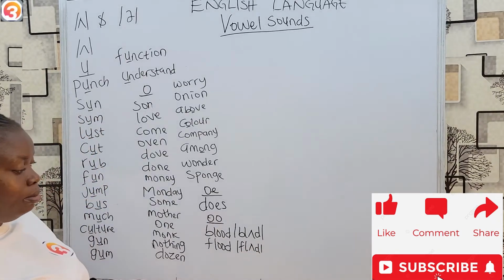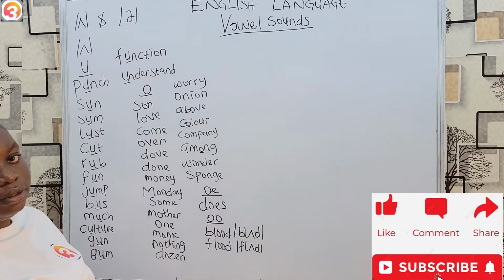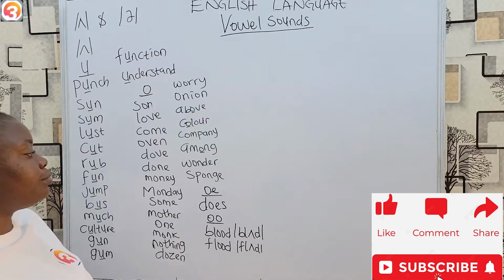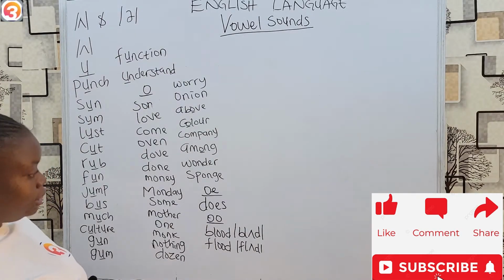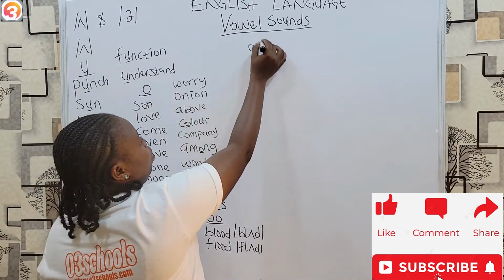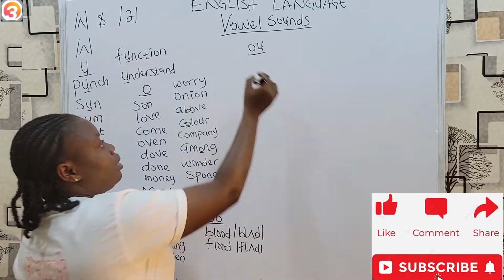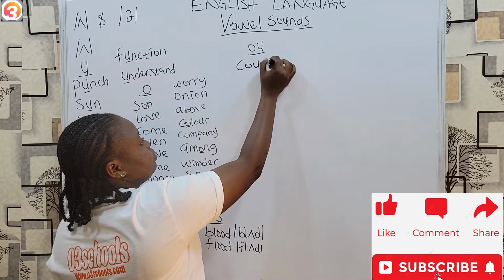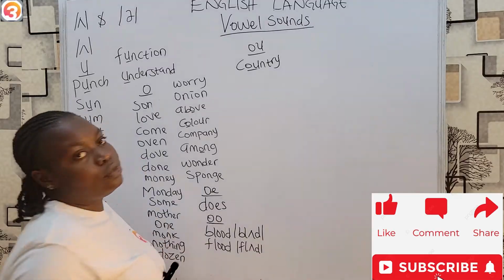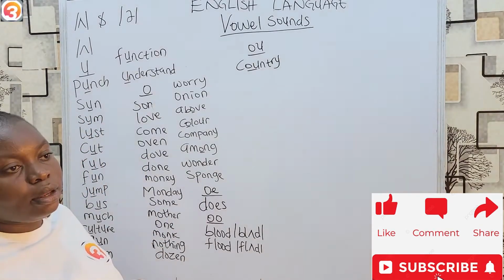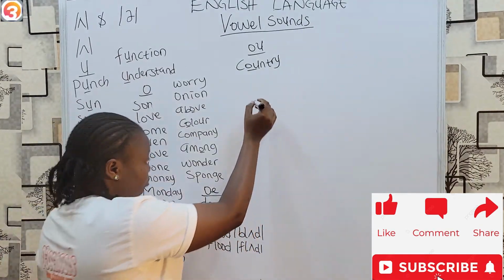You have it. Blood, flood, the sharp ah sound. We can also find this in words containing OU, like country. We call it country normally, but it's actually country.